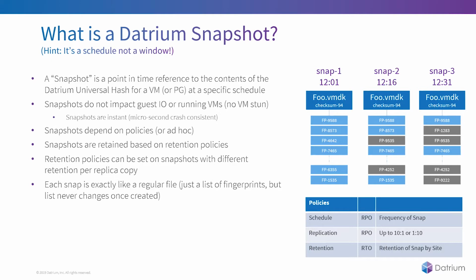This is how we do no storage penalty snapshots. This is why your snap store is only the delta of the data that's in the active data set, right? So hopefully this explains a little better how these snaps work under the covers so that we can then talk about what we do from here, right?